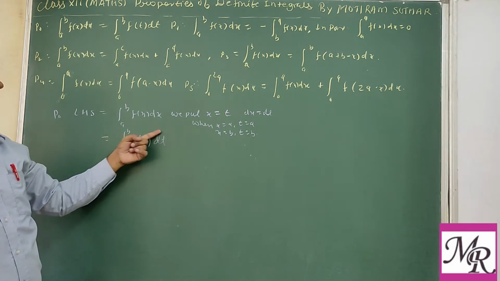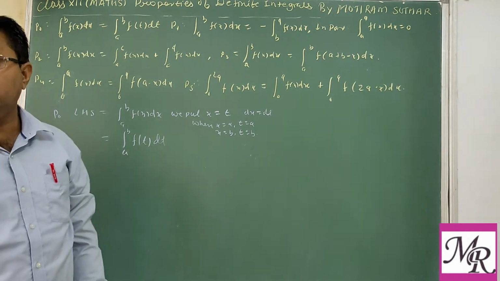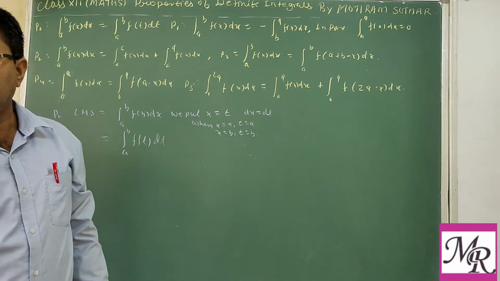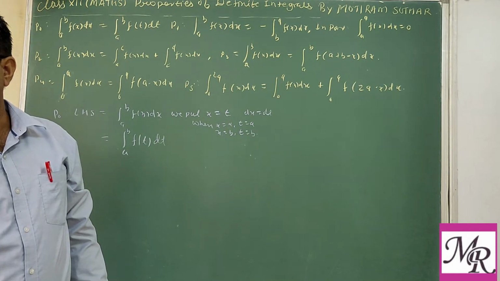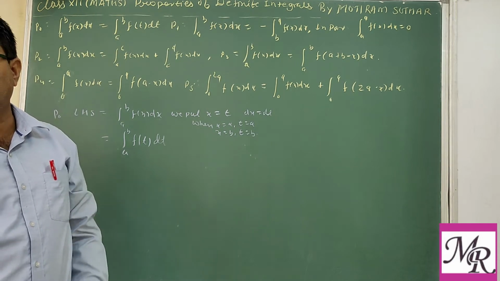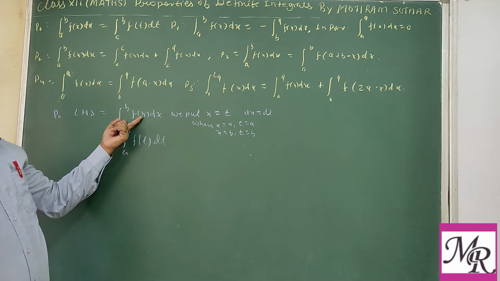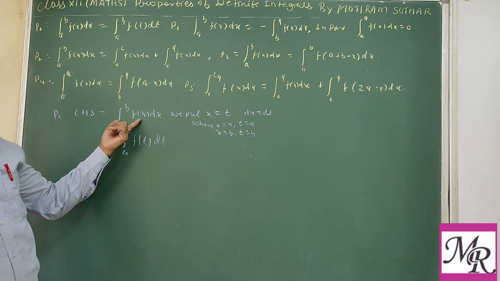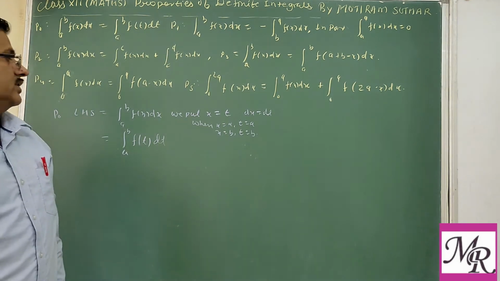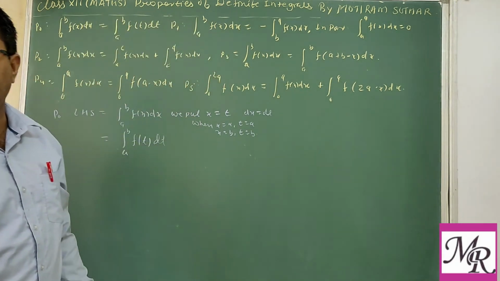That's why in an integral we always call the variable a dummy. Clear? Variable is dummy. You can put any variable, like x can be replaced by z or y or t, and as the requirement of the problem we can write the variable. So this is the proof of the first identity.